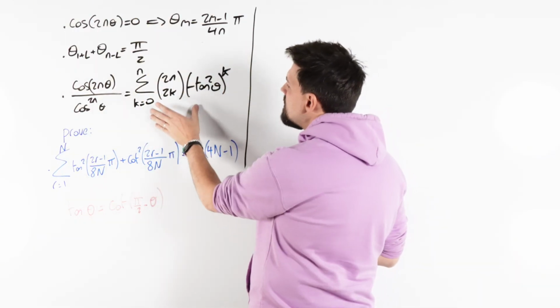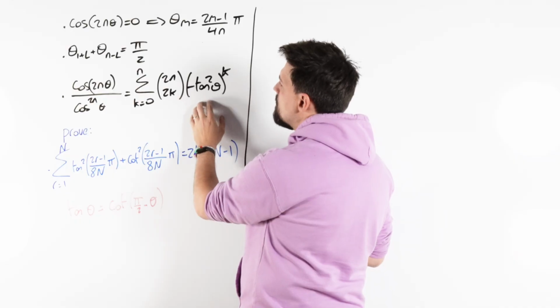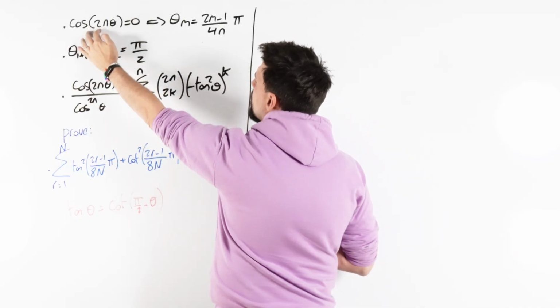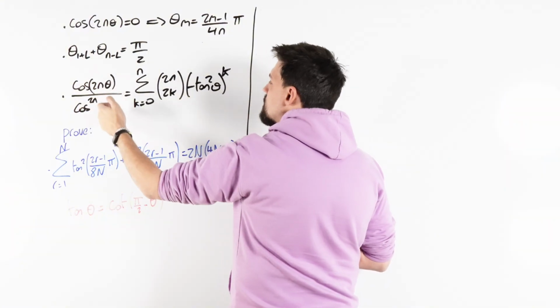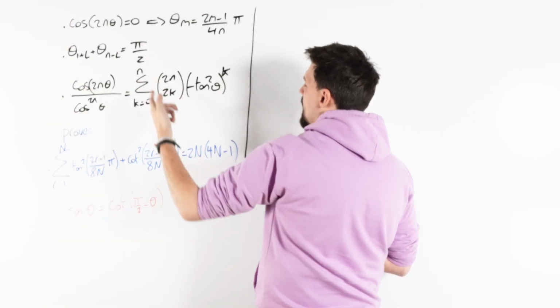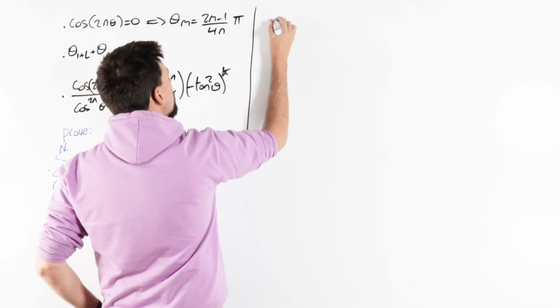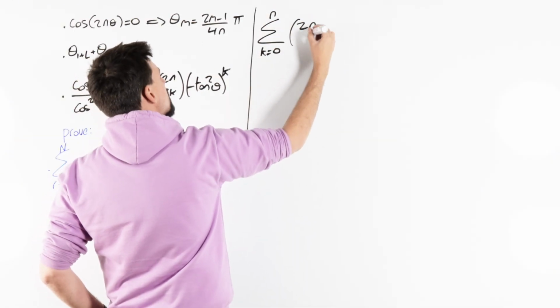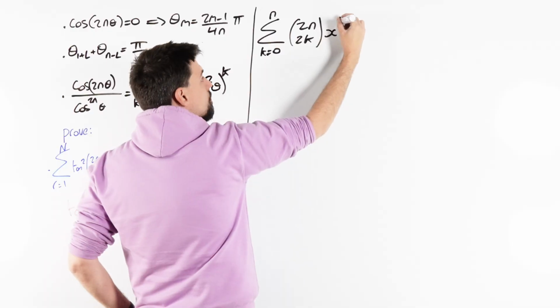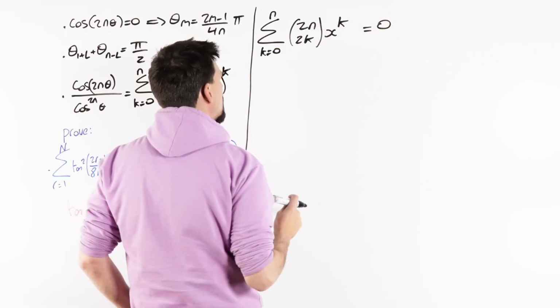The next thing is, this seems to be our big thing to go on because we've got sums of tan squares, and we know that cos of 2nθ is 0 if it's of that form. So let's create a polynomial that looks like this. Set it equal to 0.